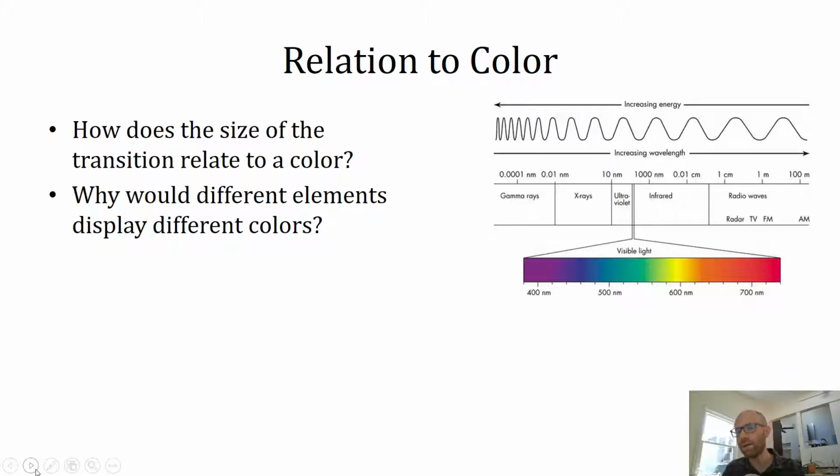But speaking of color, we should probably put these two thoughts together, because everything I just said is wonderful, but those transitions, why are we seeing different colors when we're getting different atoms? What is making that difference? As a bit of a refresher, we know that there is this electromagnetic spectrum where on one side you have small wavelength and high energy, and then large wavelength and low energy, and we have all the different kinds of electromagnetic radiation, including visible light.